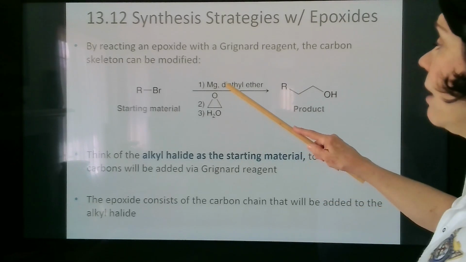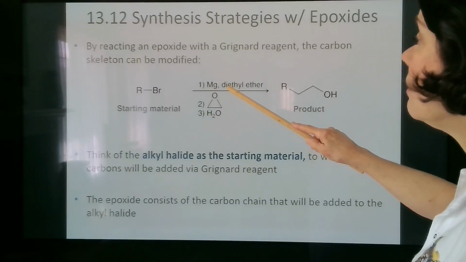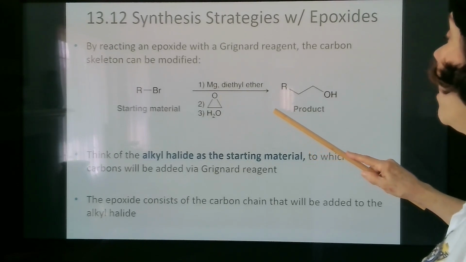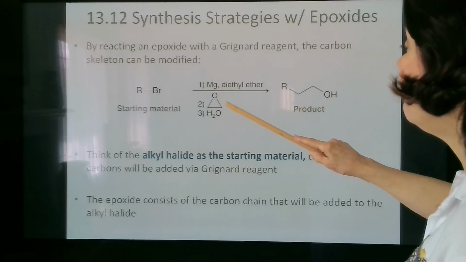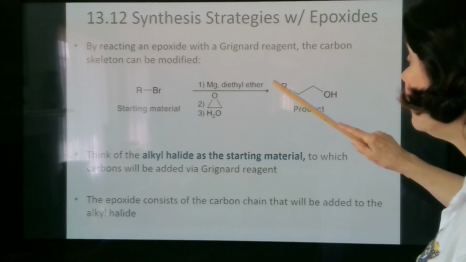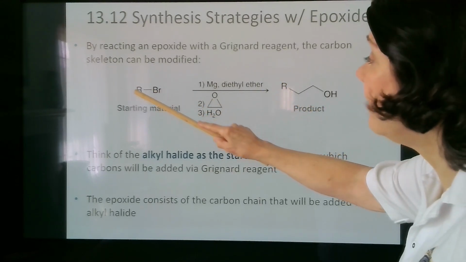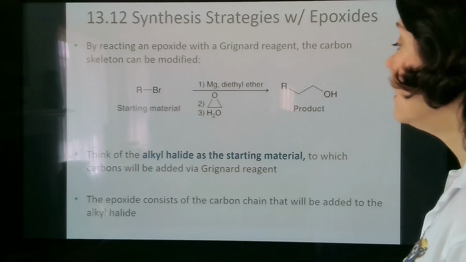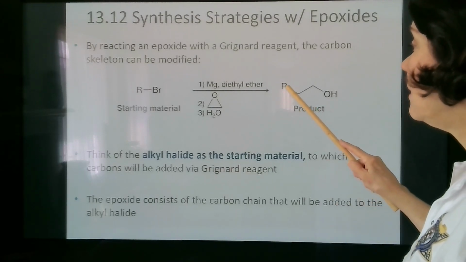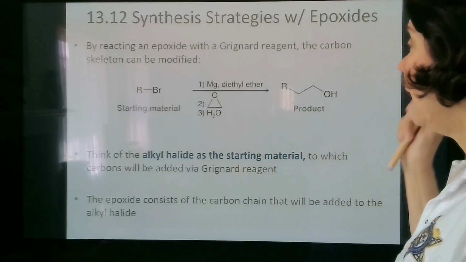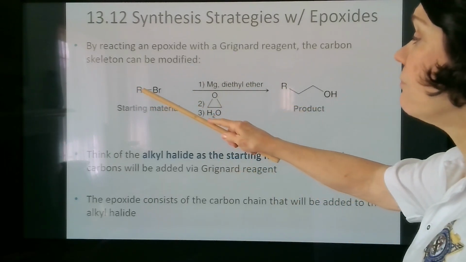By reacting an epoxide with a Grignard reagent, the carbon skeleton can also be modified. So here you have increased the carbon skeleton by however many carbons you have in the alkyl group. So this is not just limited to just one carbon. It can be however many carbons.